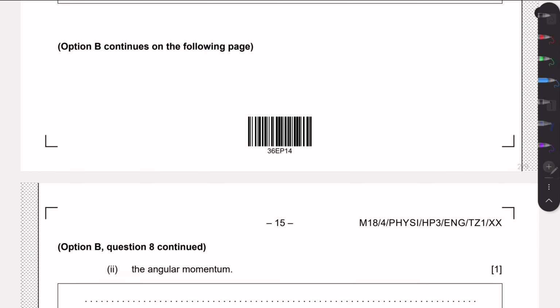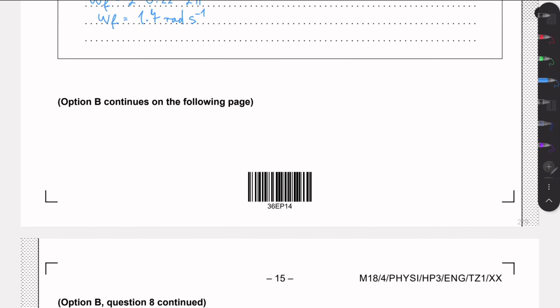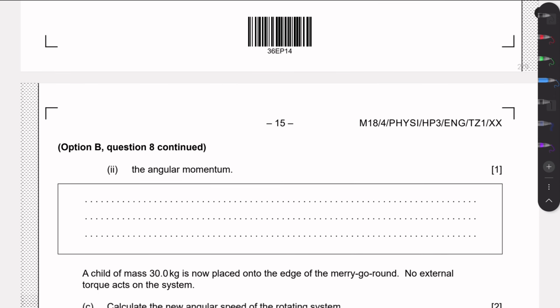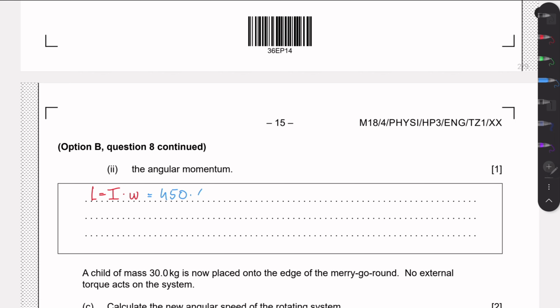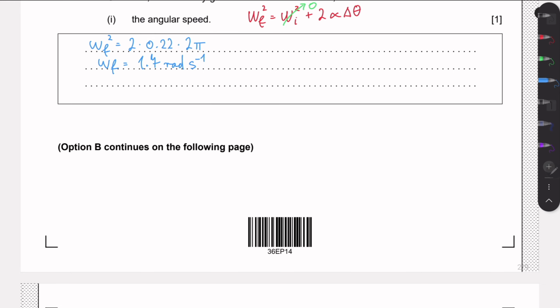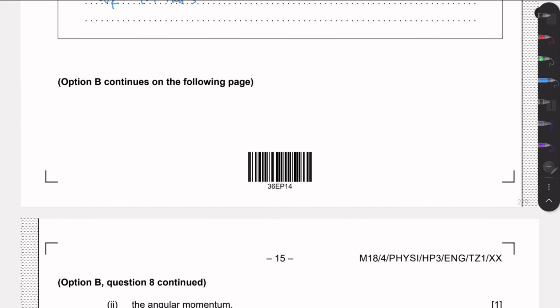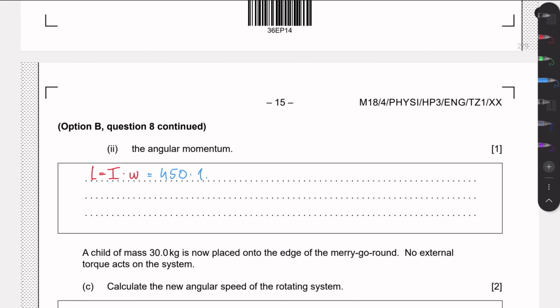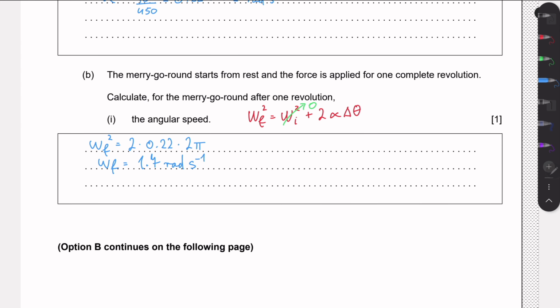We also need to find the angular momentum after 1 revolution. Angular momentum is just the moment of inertia times the angular speed, so we just need to plug it in. Our moment of inertia was 450, and we just calculated the speed to be approximately 1.7. Although this, I believe, is a rounded value.